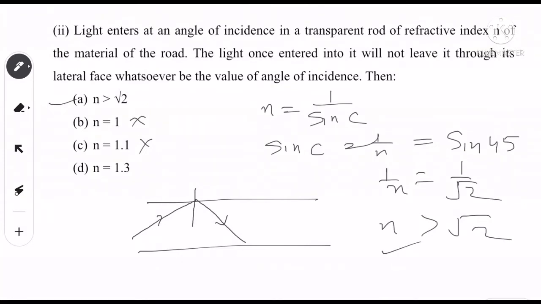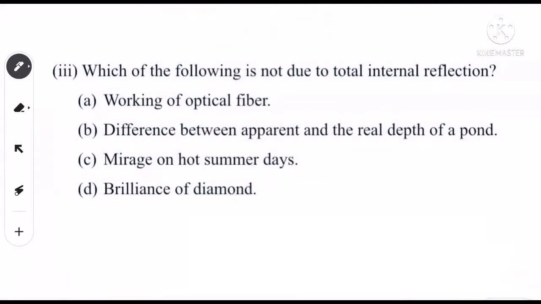The next question is, which of the following is not due to total internal reflection? Working of optical fiber, we know it depends on total internal reflection. Difference between apparent and real depth of a pond.